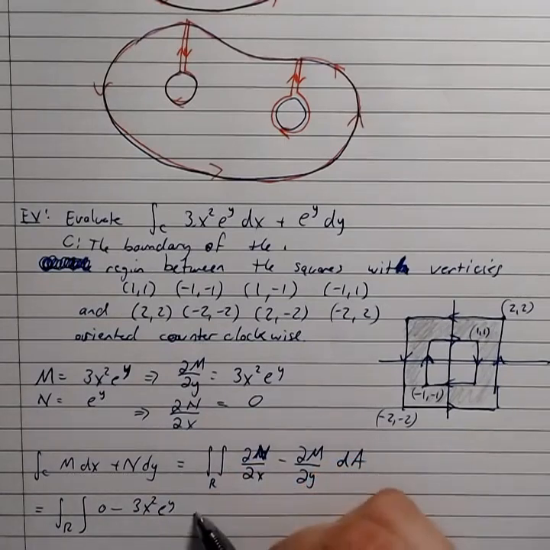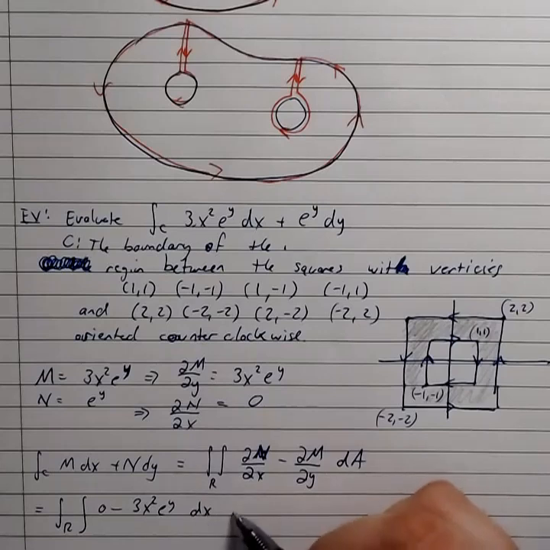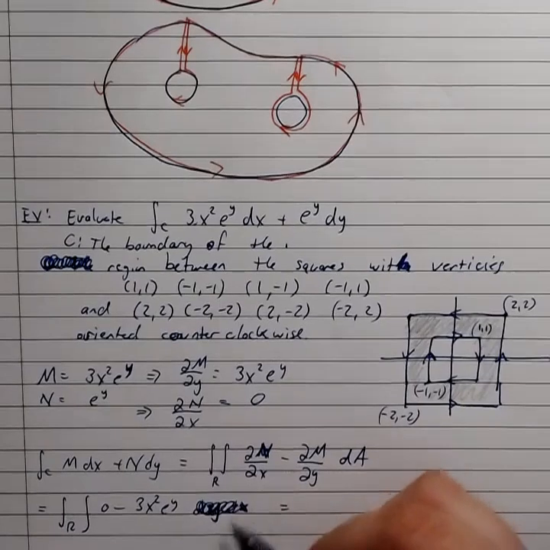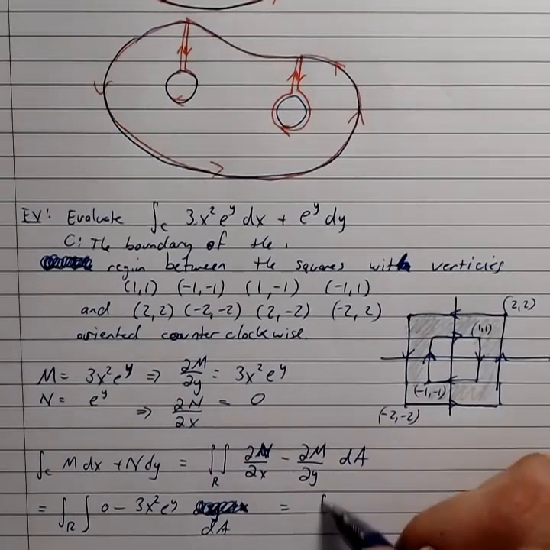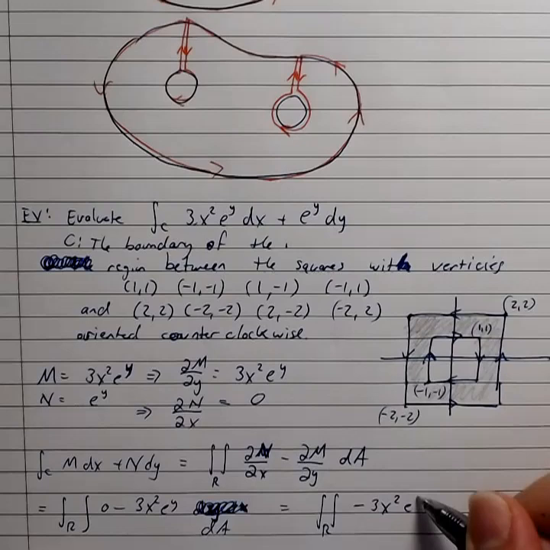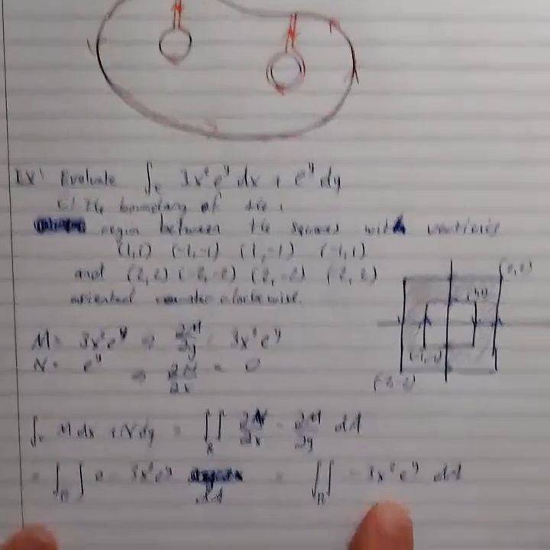And here we can describe this with respect to x and then with respect to y, or maybe y first and then x. It really makes no difference. Okay. Well, here, let me leave this as dA since I don't have my boundaries yet. And then that would simplify to the double integral over R of negative 3x squared e to the y dA. 0 minus that is just the negative of that.